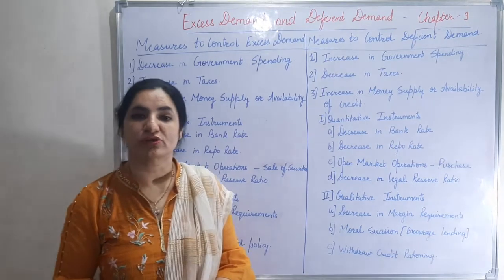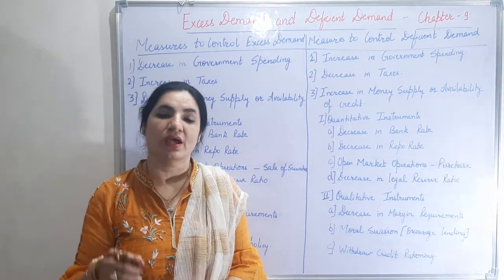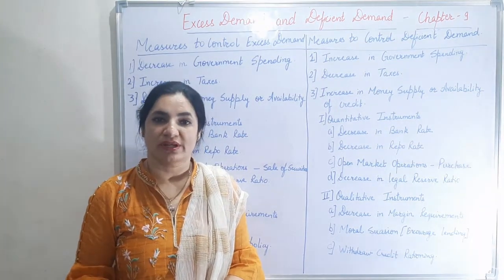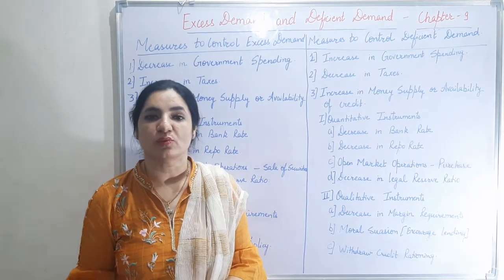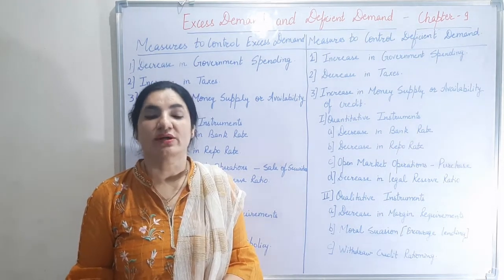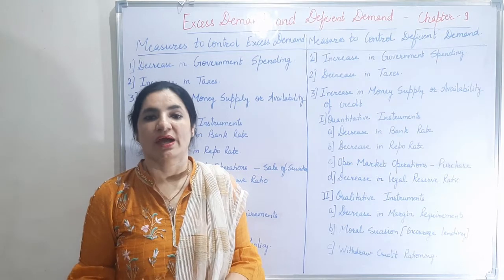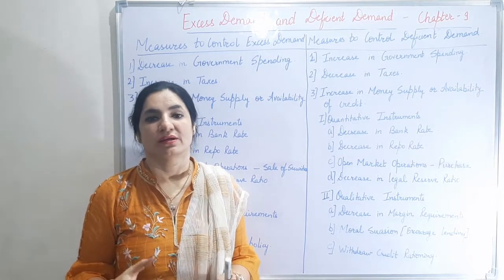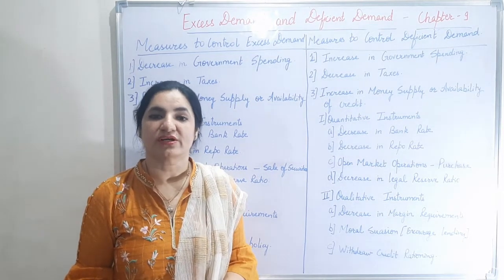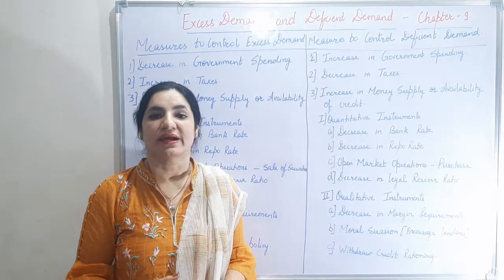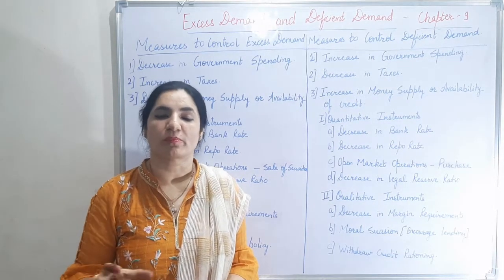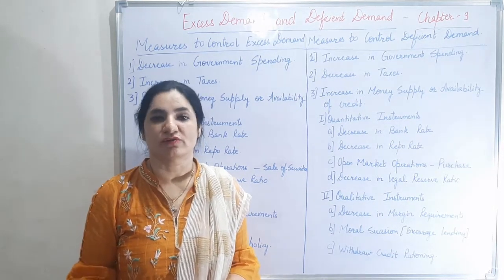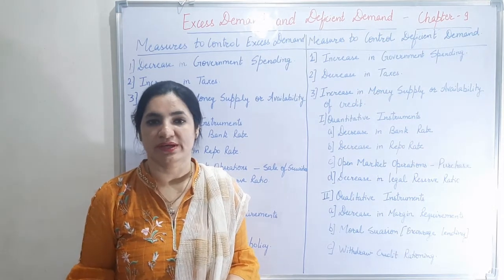Under the selective credit control policy, the limit for organizations is fixed as per their turnover or their assets or their scale, and the government and the RBI instruct the commercial banks that they should give loans to particular kinds of industries and not to all industries.